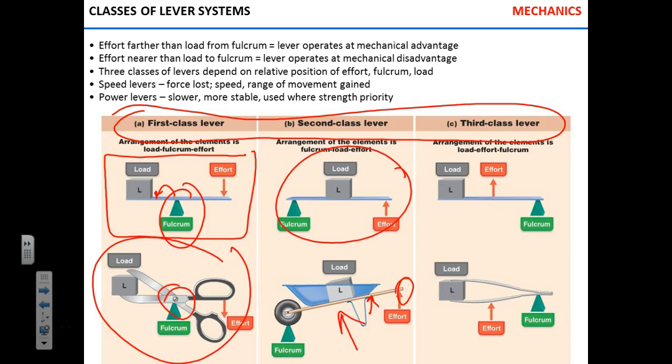And the third type of lever is when the effort is between the load and the fulcrum. Okay? This is by definition the mechanically disadvantageous lever. Does that make sense? Tweezers. If you ever worked with tweezers, you know the closer to the end you hold them, the harder it is to squeeze.